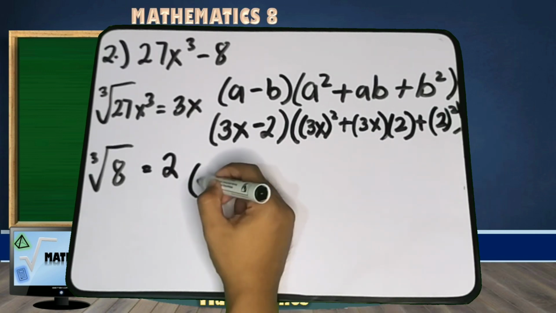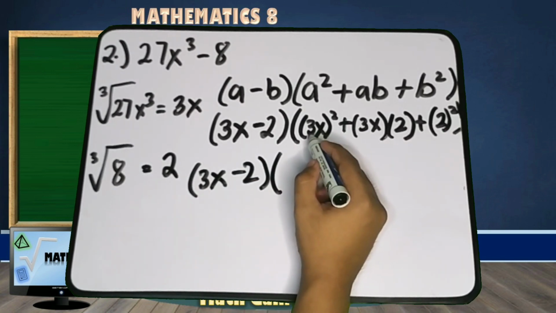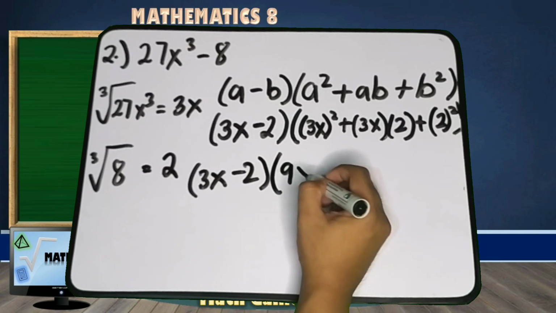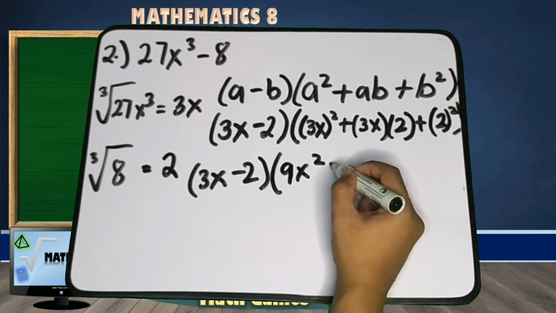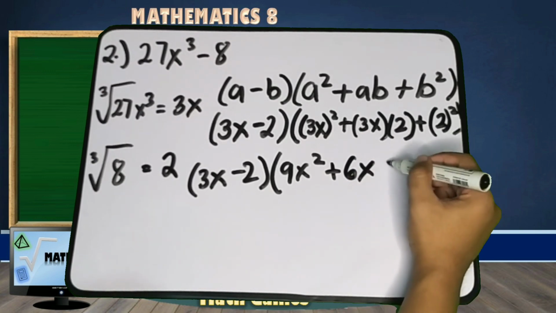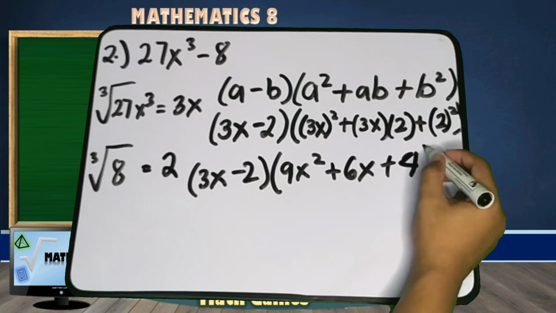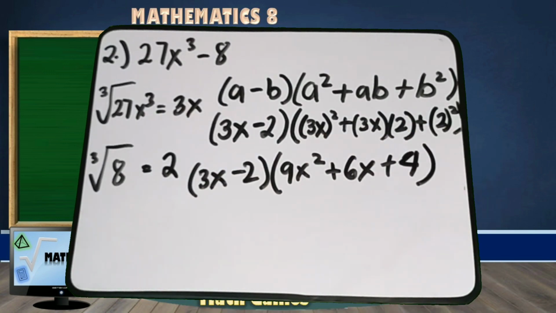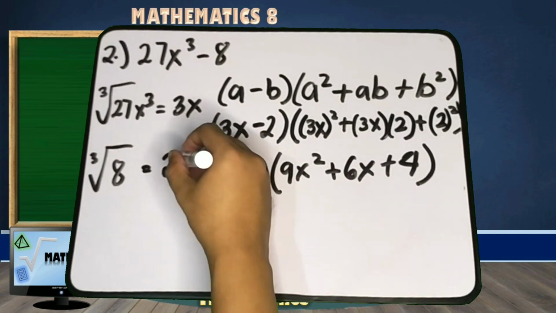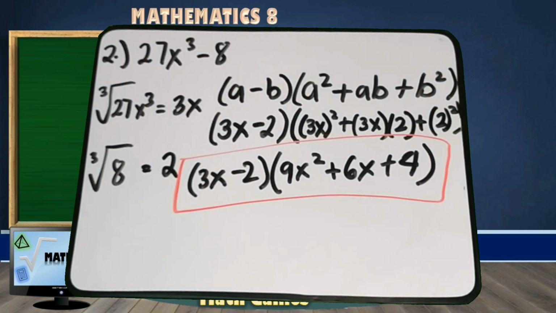So simplify: 3x minus 2 times 3x squared, so that is 9x squared, plus 3x times 2, 6x, plus 2 times 2, so that is 4. So our factor now is 3x minus 2 times the quantity 9x squared plus 6x plus 4.